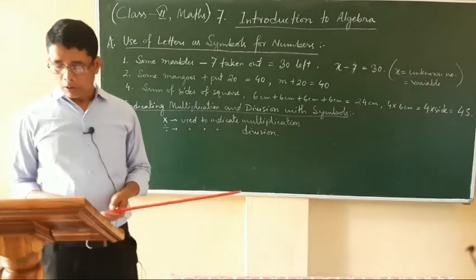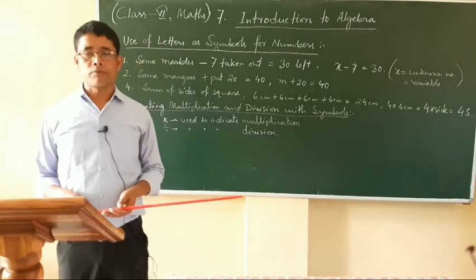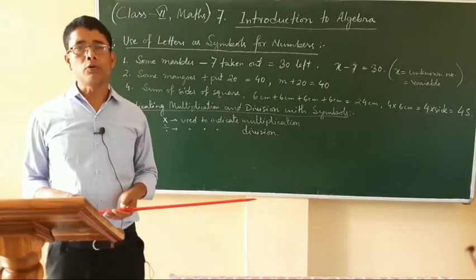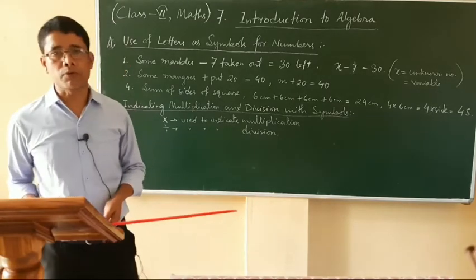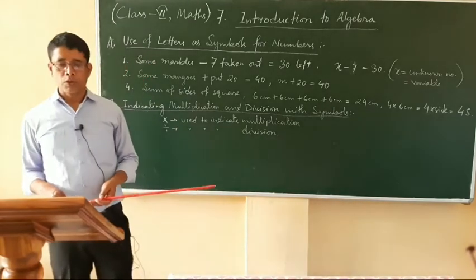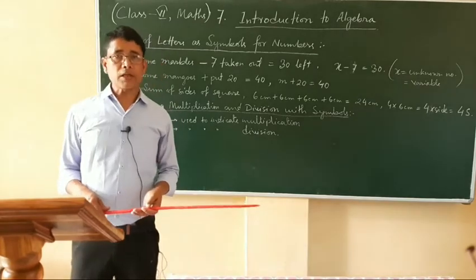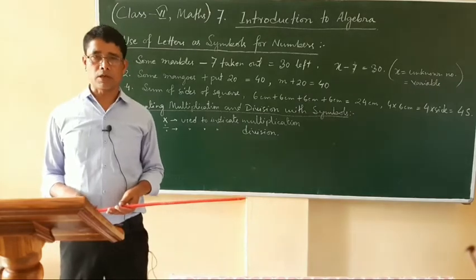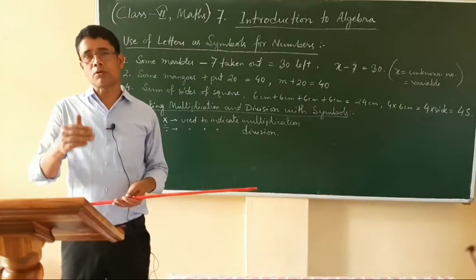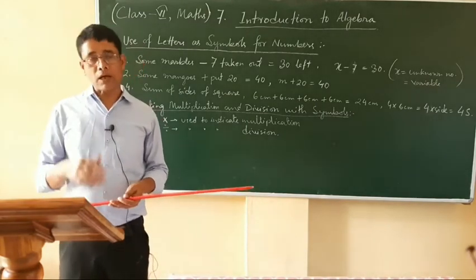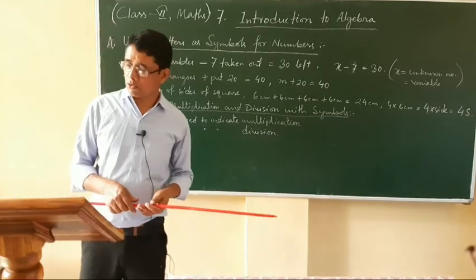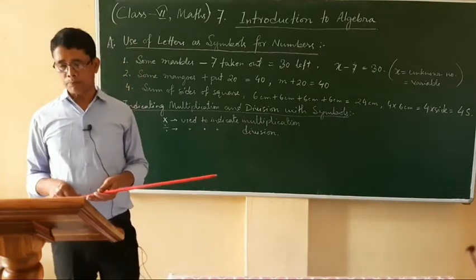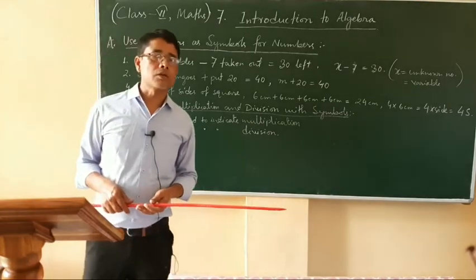Now listen, again repeating, letters may be used to represent unknown numbers. So this you will have to remember in case of algebra. So in algebra, letters are used to represent unknown and unspecified numbers. Unspecified means the numbers which are not mentioned. To find out unknown numbers or the numbers which are not mentioned in a problem, we use letters in algebra. These letters are called as variables.